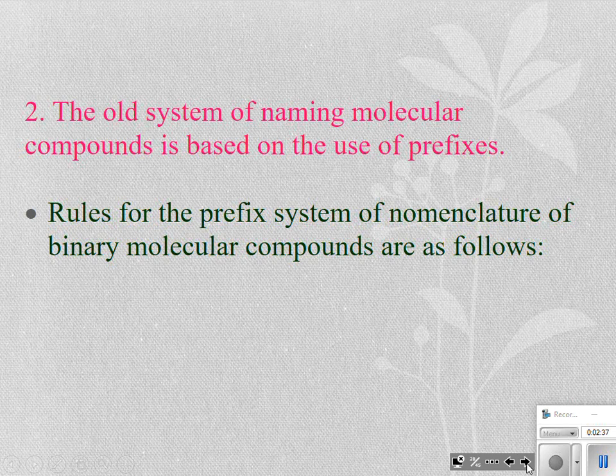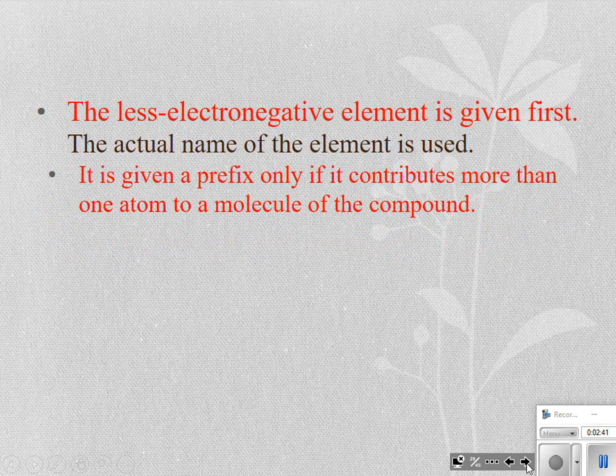And we have some rules that we follow when using these prefixes. First of all, the least electronegative element is given first. When we do that, we use the actual name of the element. It is given a prefix only if it contributes more than 1 atom.